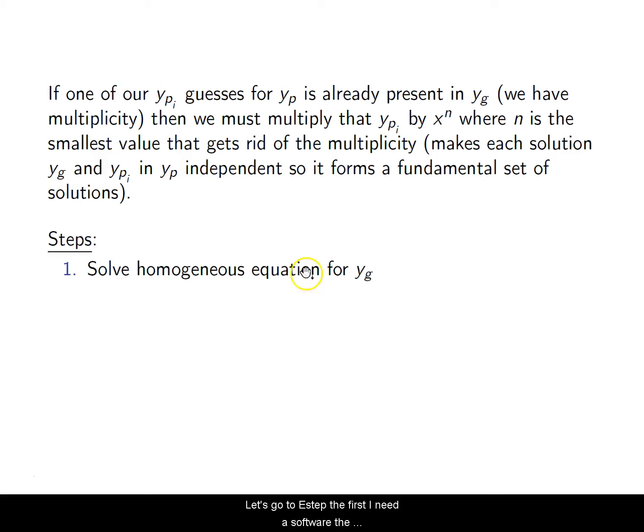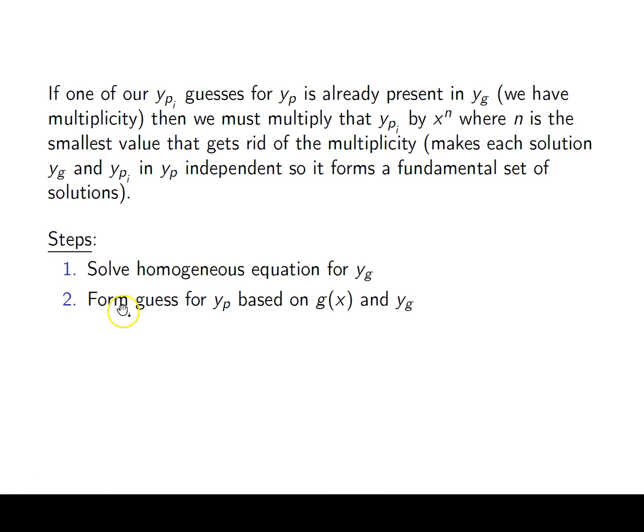So first, I need to solve for the homogeneous equation, which we did in the last section, the homework you just turned in. We're going to do that method. We're going to take all the prime forms, turn it into an algebra equation, and solve for that. I have to do that first. Okay. Next, I'm going to look at what that g of x function looks like, and I'm going to base my particular solution on that form.